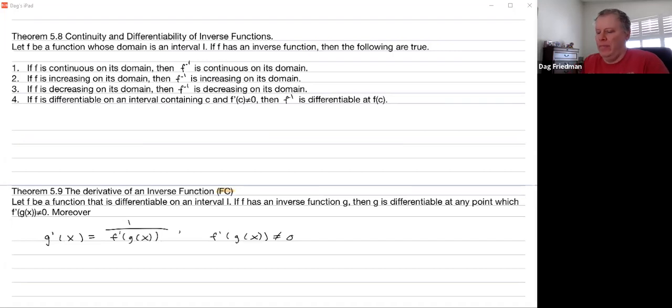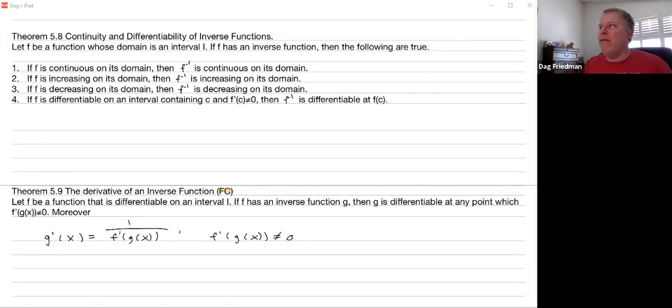Okay. So let's talk about just a few things on here. Quick summary, I know you already have this in your notes: if the original function is continuous on its domain, then the inverse is continuous on its domain.